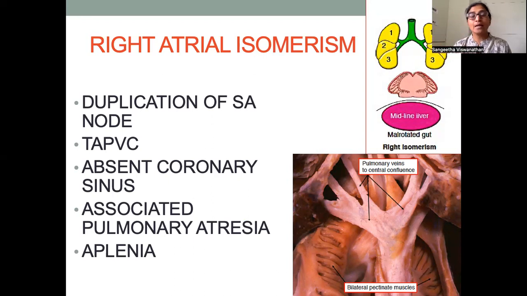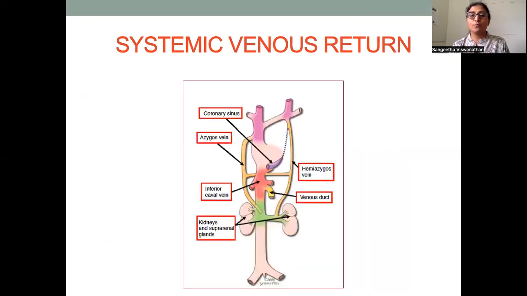And again, like I said, there can be associated pulmonary atresia. And of course, asplenia, because spleen is a left-sided structure. So these are some of the typical features you will find in right atrial isomerism when you look for congenital abnormalities. So this is as far as situs is concerned. It's just a broad overview for you to understand what situs means.